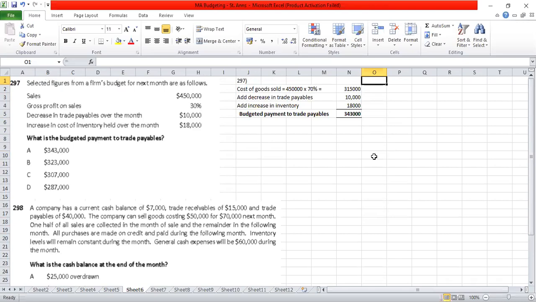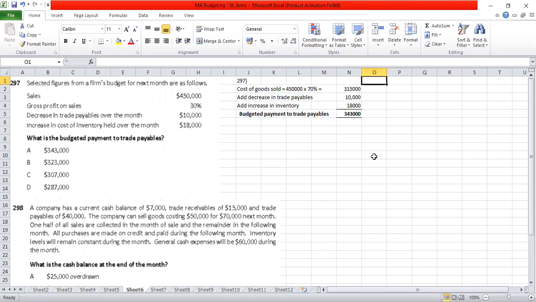Here we calculated 4,50,000 into 70%. If sales is taken as 100%, the gross profit on sales is 30%. On sales, the base is always 100%.